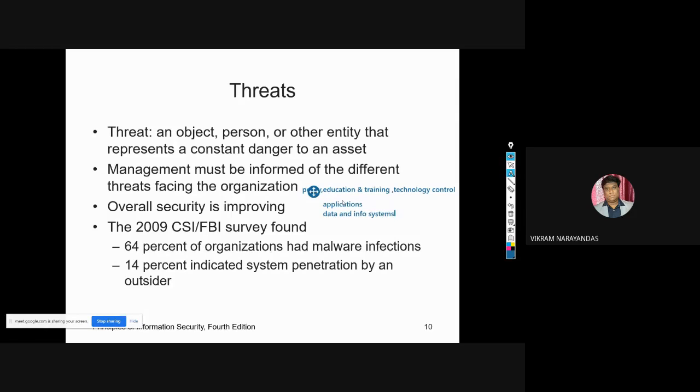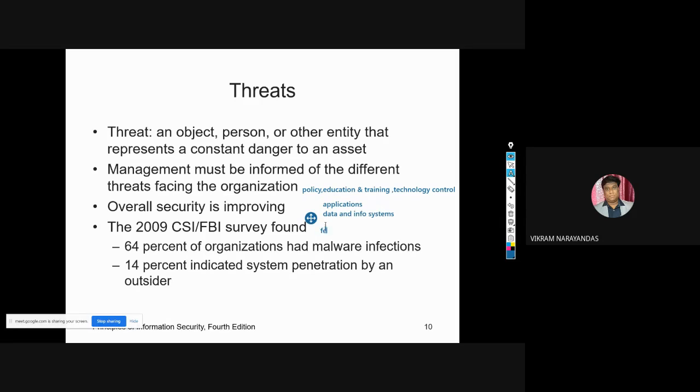So Computer Security Institute, CSI, or the Federal Bureau of Investigation, FBI. FBI stands for Federal Bureau of Investigation.